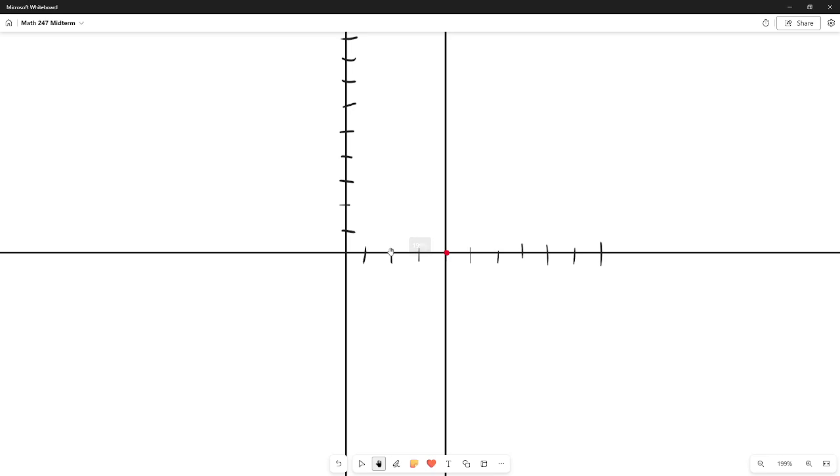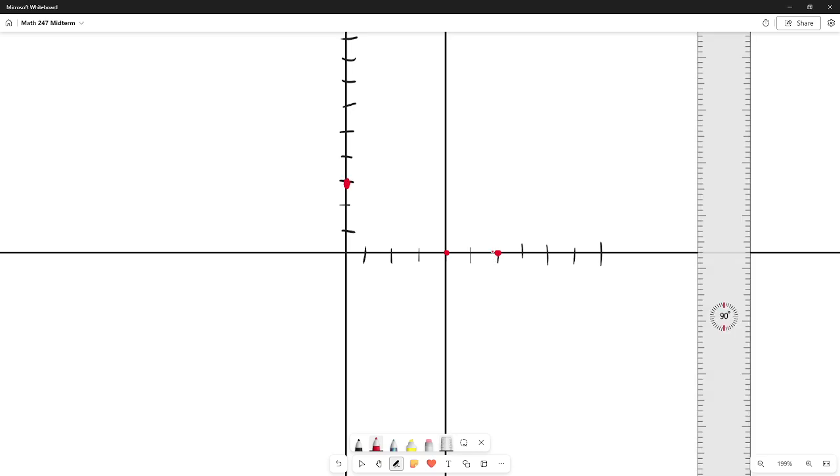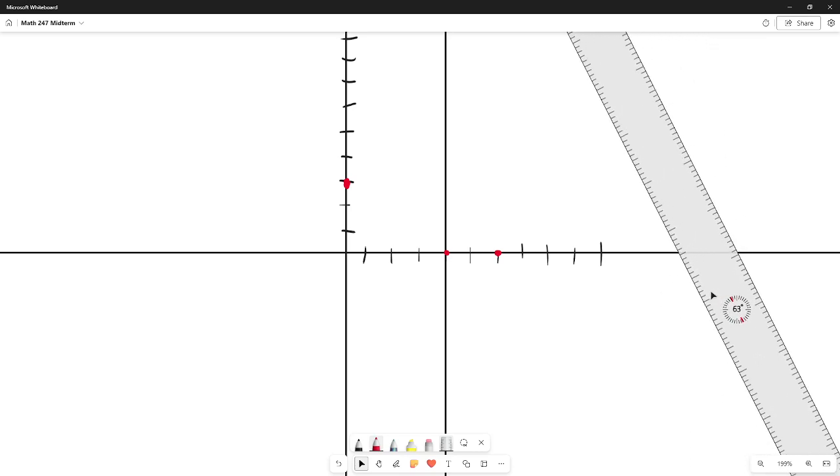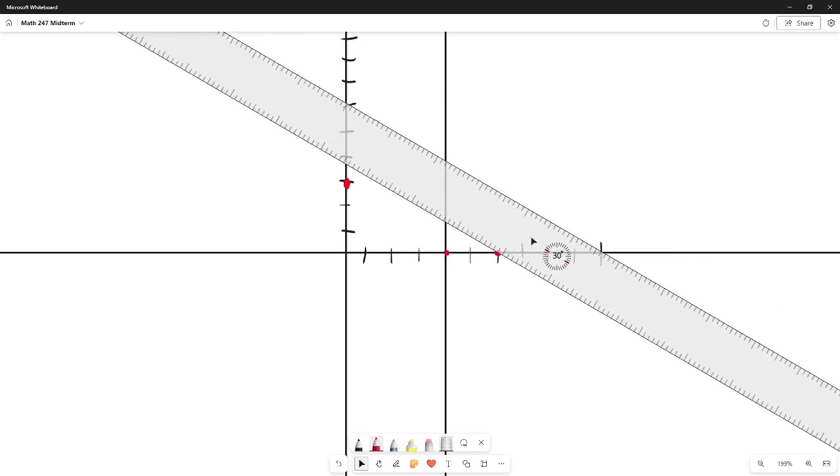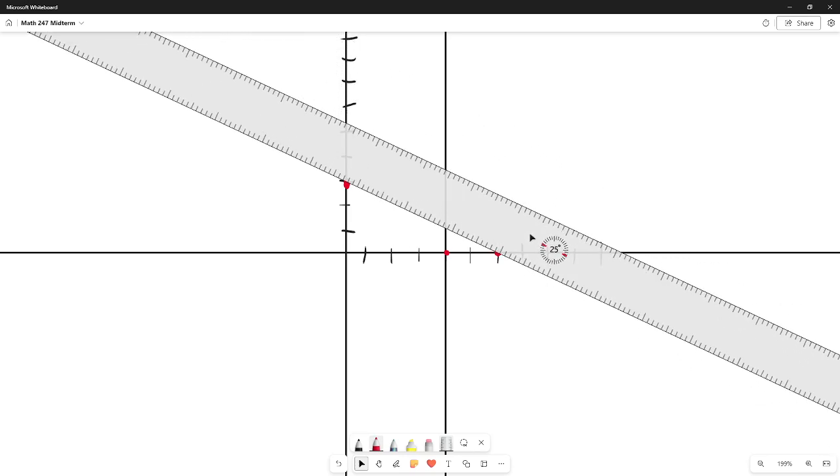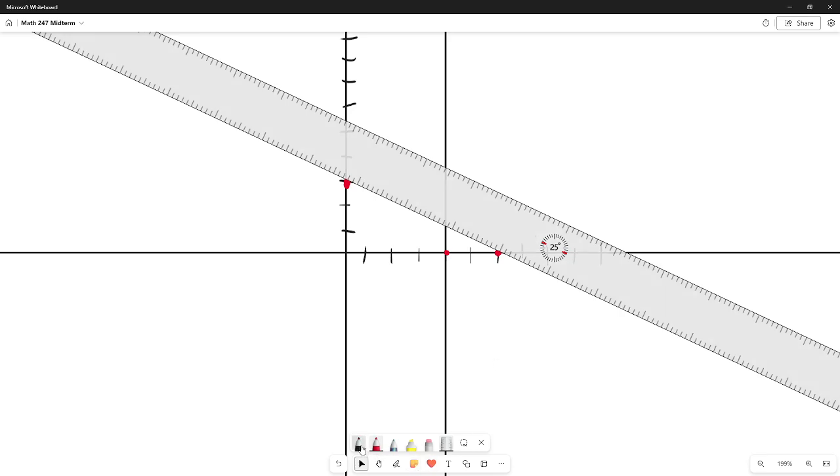So 1, 2, 3, 4, 5, 6, right there. And then if x1 was 0, then x2 would be the value 3. So 1, 2, 3. So we go here. We're going to connect the two points with a line, just like that.